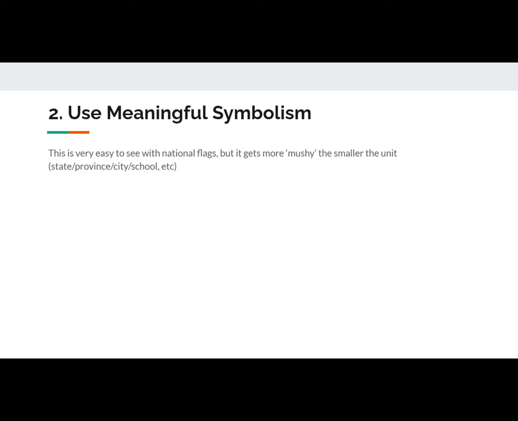Which leads us into rule number 2, use meaningful symbolism. As in, it should be very easy to understand, and the symbols should be meaningful to the group. This is very good with countries, and these mean something to the people.